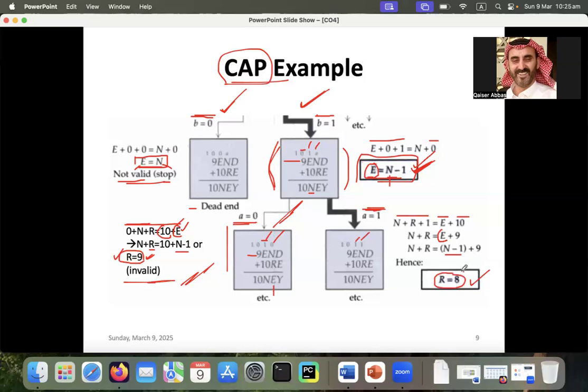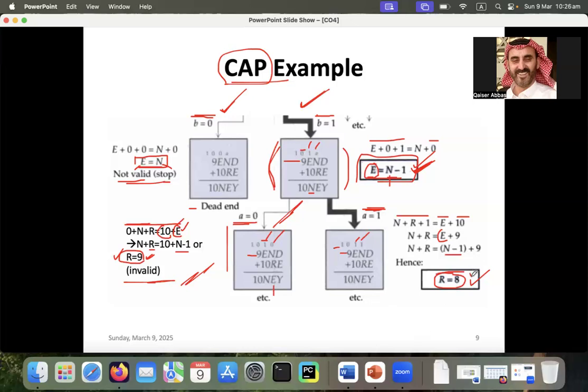So now you are going to accept this value for r, because no constraint is violated. Constraint means you are satisfying all the values for the other variables, and there is no contradiction between the values of the variables which you already have.